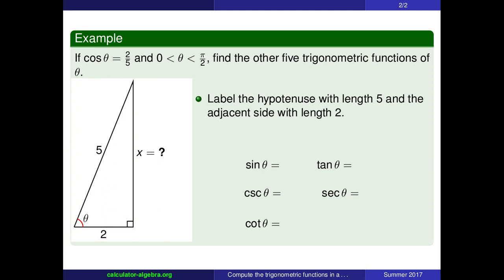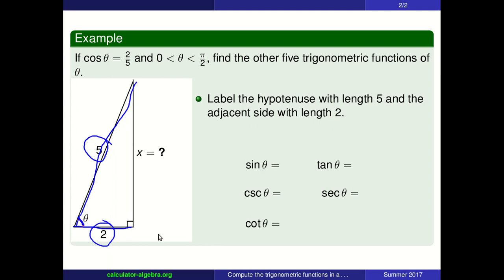See, the thing is that if I take a triangle whose hypotenuse is 5 units and whose adjacent leg is 2 units, then I'm guaranteed that the angle adjacent to the leg 2 and the hypotenuse of 5, its cosine must be 2/5, right?